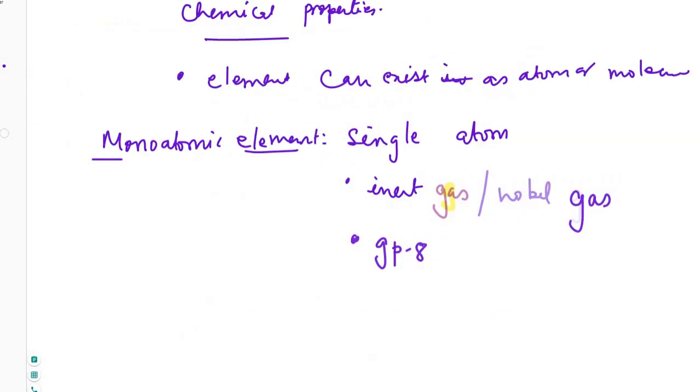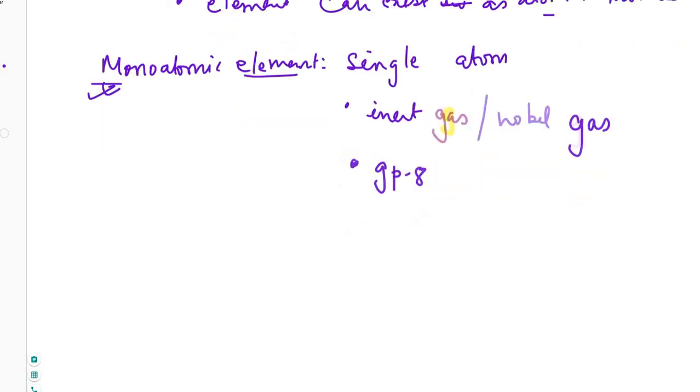Now what about the molecules? As I told you, an element can exist as an atom. So these are the only elements which are present in atomic form. The rest are present in molecular form. So let's talk about what molecules are. A molecule is a little higher than the atom.